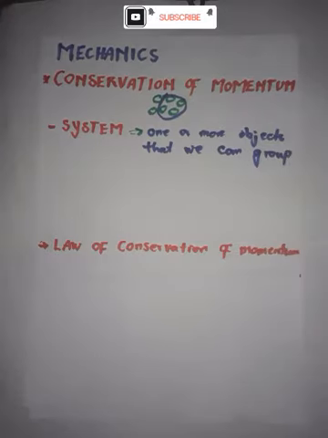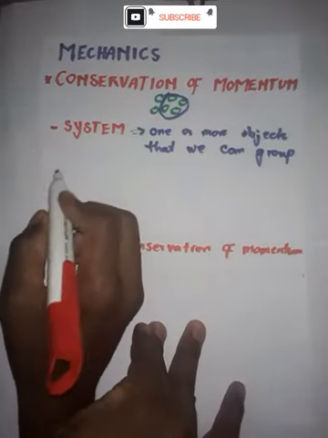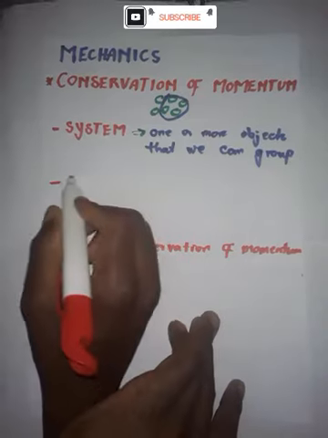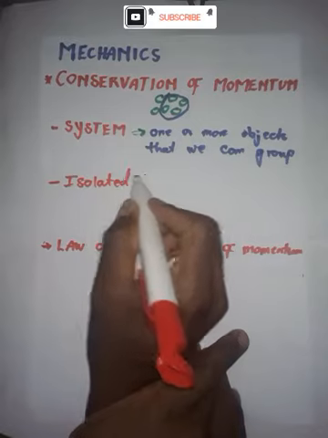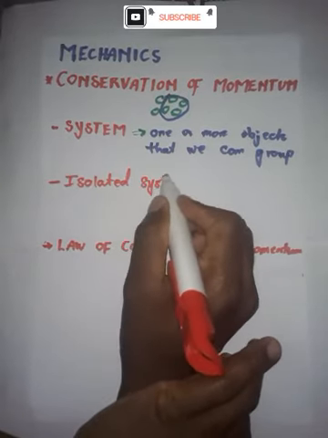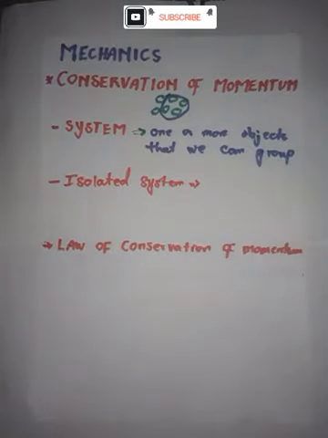On top of understanding the system, you have to understand what an isolated system is, because for the conservation of momentum we're going to talk about the isolated system. As I said in my last video, this type of system is one where we don't have any external force acting on the system.